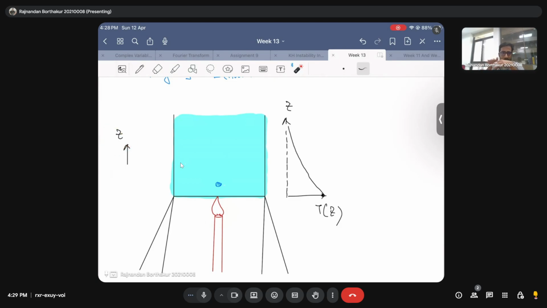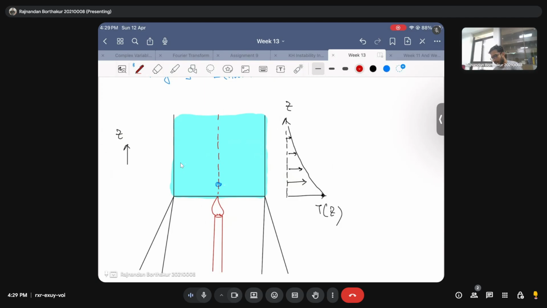Because the heating is at the bottom, when I move up, my temperature goes down. So this is how my temperature will vary inside the beaker. This temperature distribution is for this cross section, because you can have a different temperature profile for a different cross section, but let's focus on the cross section where there is heating.